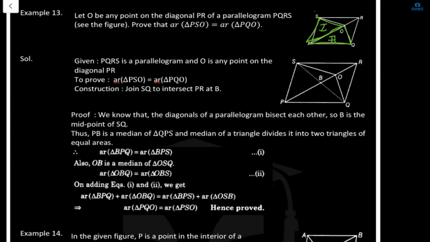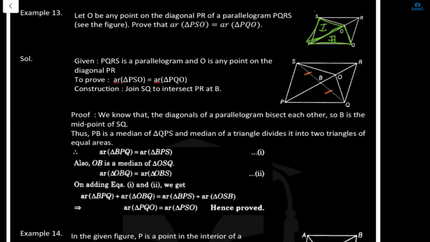See, one diagonal is already given, PR. I'm joining SQ, so it will be another diagonal. The diagonals bisect each other, therefore B bisects SQ, so this will be equal to this, as a median, the midpoint of this.